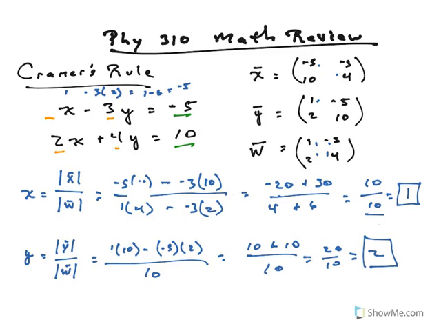All right, let me go ahead and show you, just as a review, really quick, if you have a 3 by 3 matrix, how do you solve it? So let's have our general 3 by 3 matrix sitting here. And I want to do the determinant of this 3 by 3 matrix.